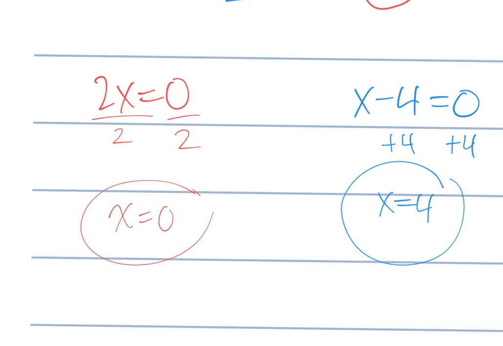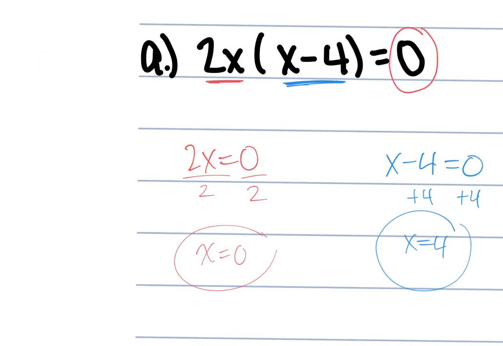Now let's talk about why we got two solutions. Do you agree that in 2x times x minus 4 equals 0, only one of these needs to be equal to 0, and the other one could be whatever? So x needs to be equal to 0 or x needs to be equal to 4, because one of these needs to be equal to 0.